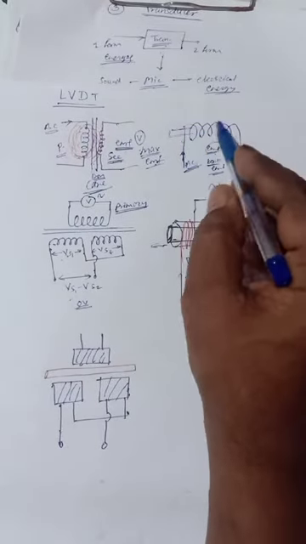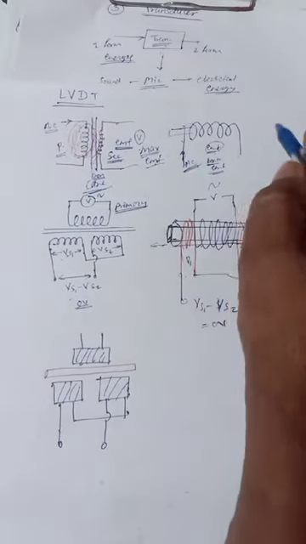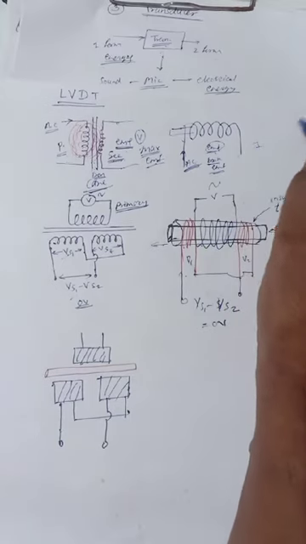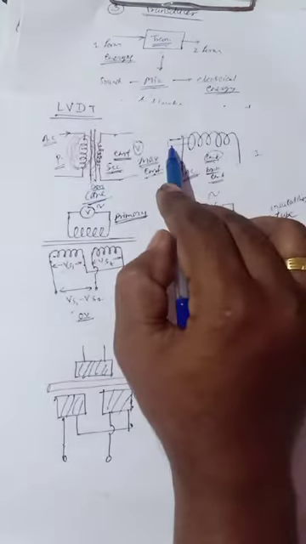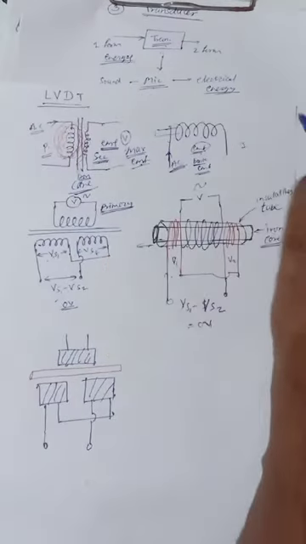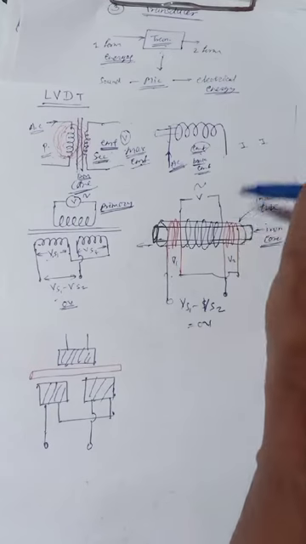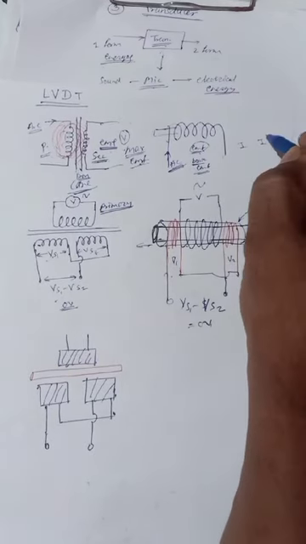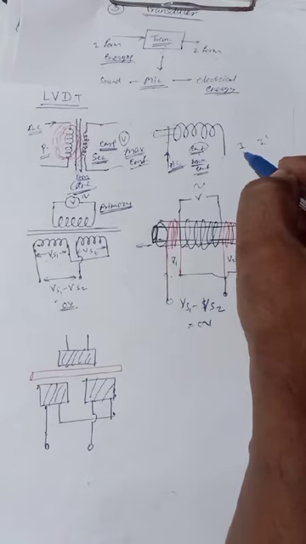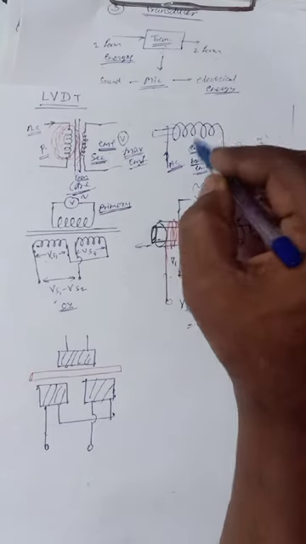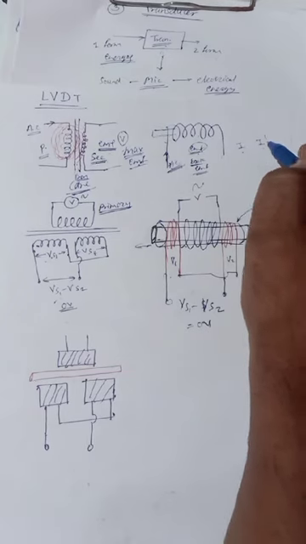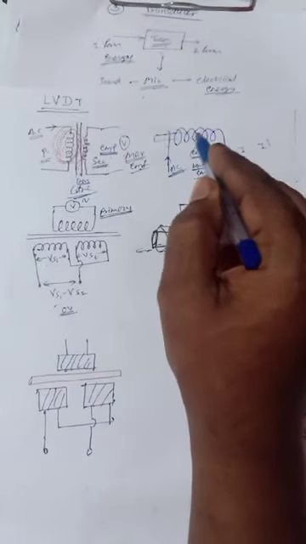If there is no core, then the coil has some inductance I. If we insert an iron core in this coil, then it has another inductance, say I dash. So this is inductance I when there is no core, and this is inductance I dash when there is an iron core.